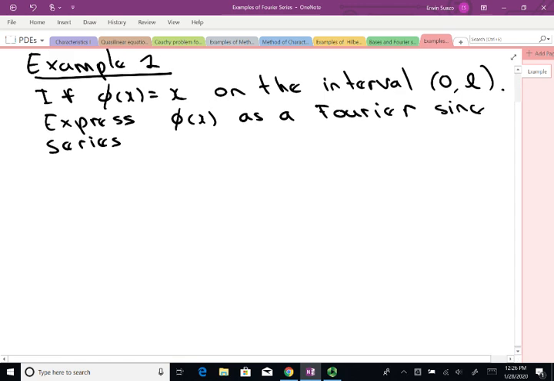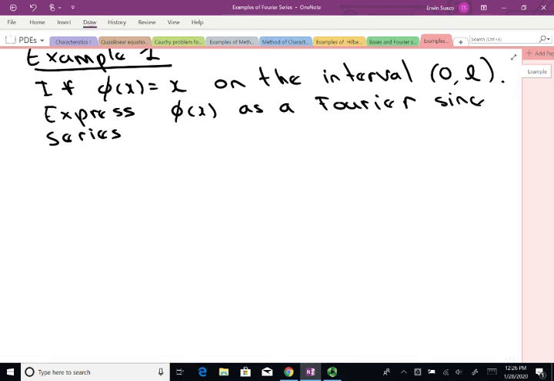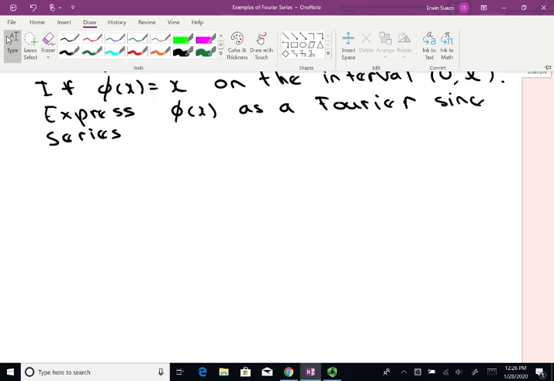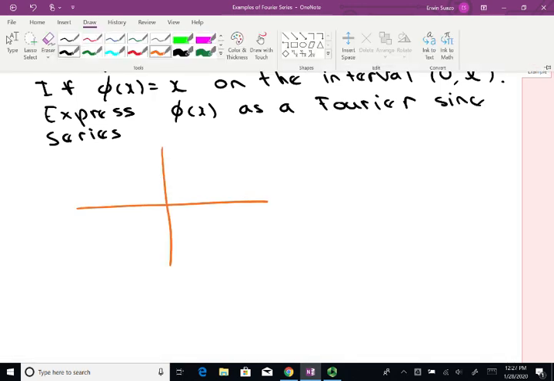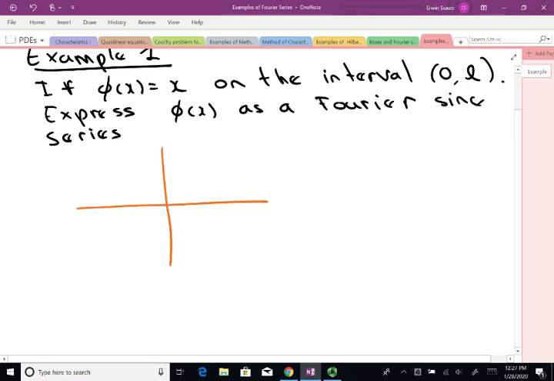Okay. So we'll do a little graph in a second. We'll see how this is gonna work very nicely. So you have phi of x equals x between 0 and L. Notice L is any interval.